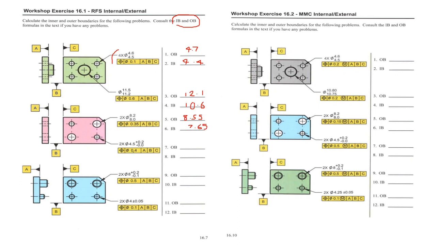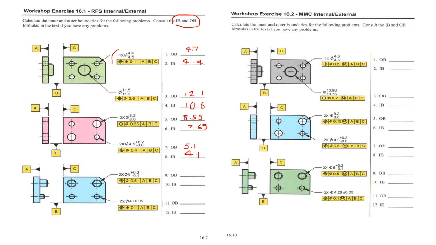Again for this hole, the OB outer boundary is 4.7 plus 0.4, so 5.1, and the inner boundary IB is 4.5 minus 0.4, which is 4.1.